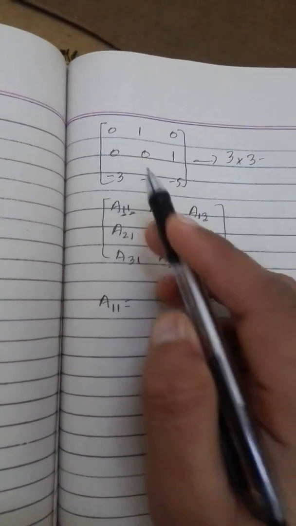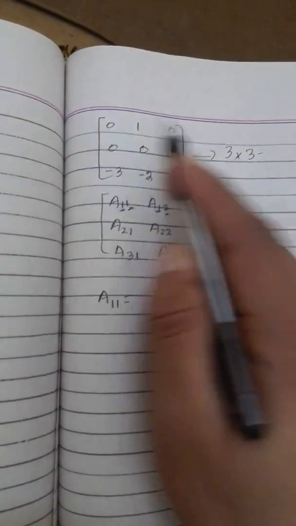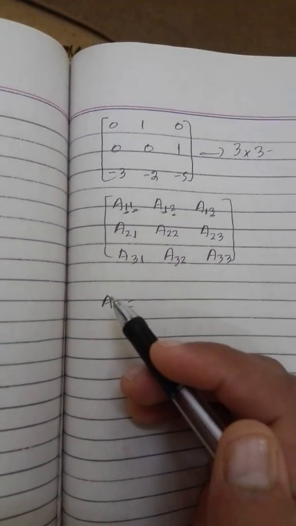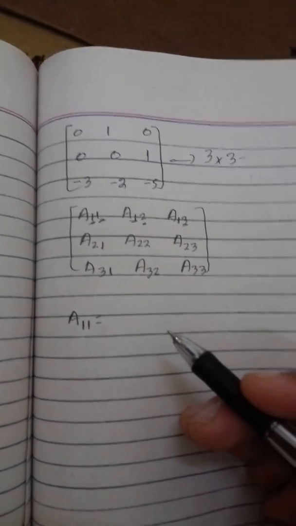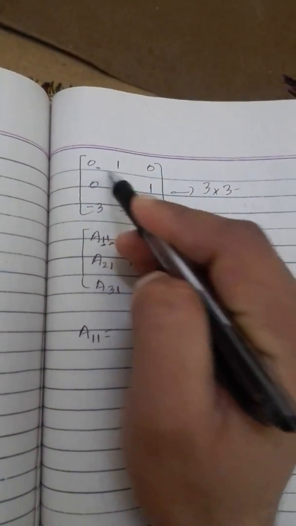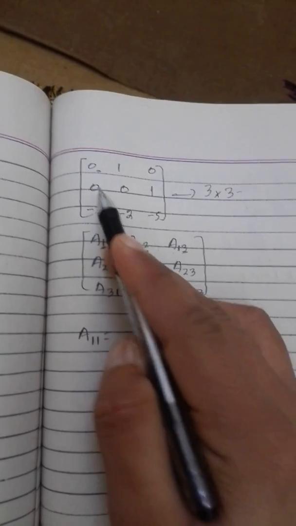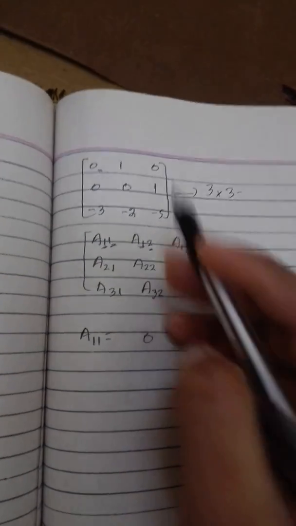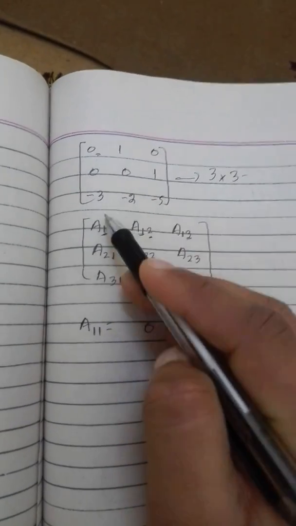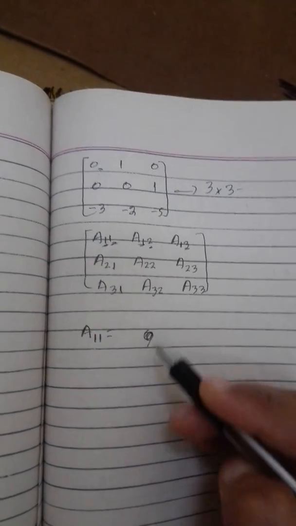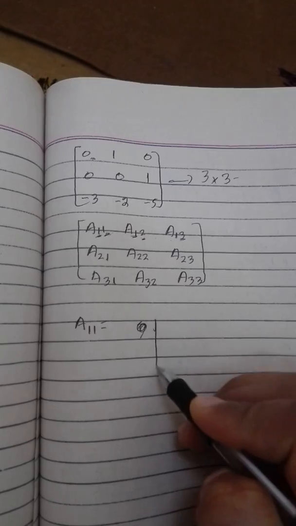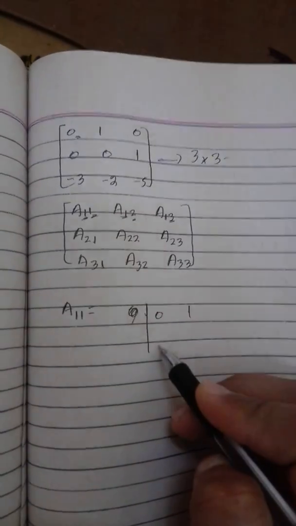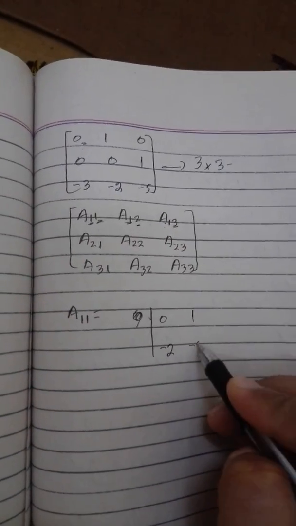So expand this matrix by the first row or first column. I first expand it by the first row and first column, so this first row and this first column will be deleted, and the matrix left with us is 0 1, minus 2 minus 5.